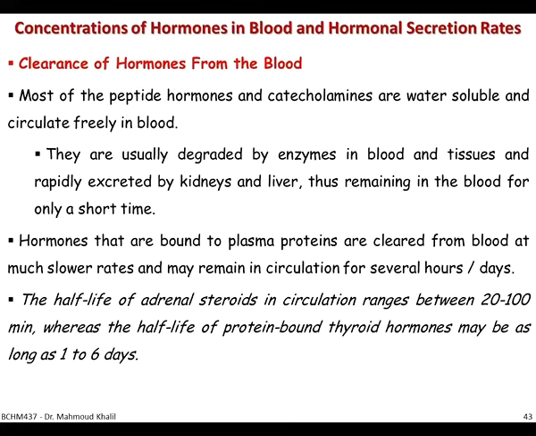As an example, the half-life of adrenal steroids in circulation ranges between 20 to 100 minutes, whereas the half-life of protein-bound thyroid hormones can be as long as 6 days.